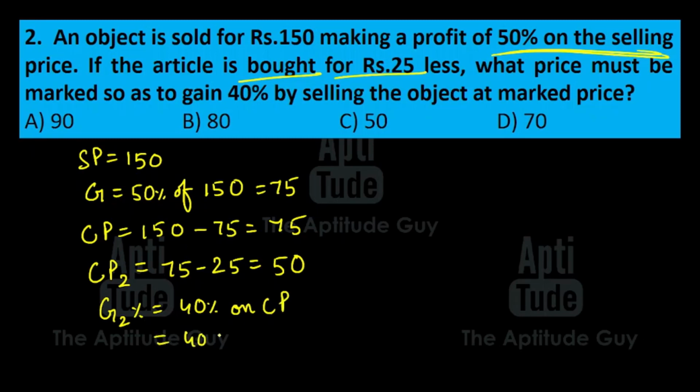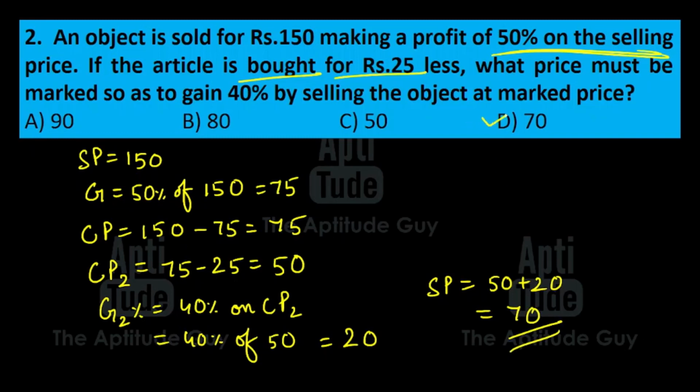What is 40% on cost price? 40% of 50 is of course 20. Done. Now we have to find the selling price. Very easy. Selling price is equal to the sum of cost price and gain. That is 50 plus 20, that is equal to 70. Done. Answer is option D.